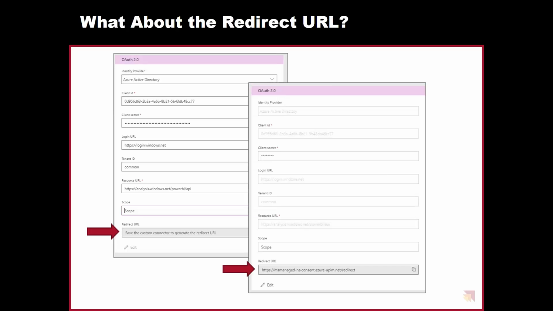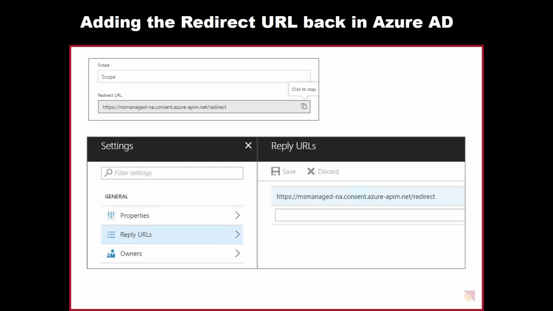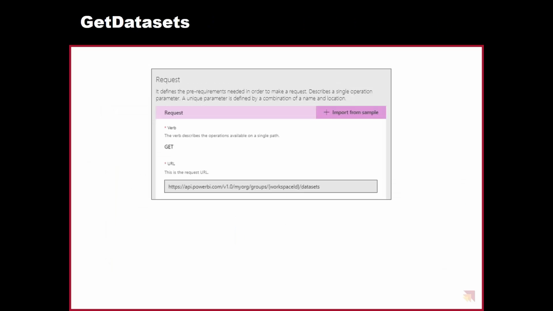And once we save it the first time, they will fill in that redirect URL because basically the PowerApps environment has to come up with the URL that is needed for that callback with the access token. Okay. And once we get that set up, we can go back to our Azure AD application and put that in as one of the reply URLs and save it back.